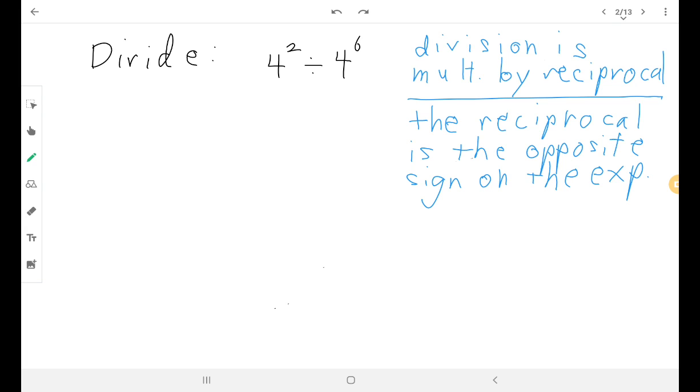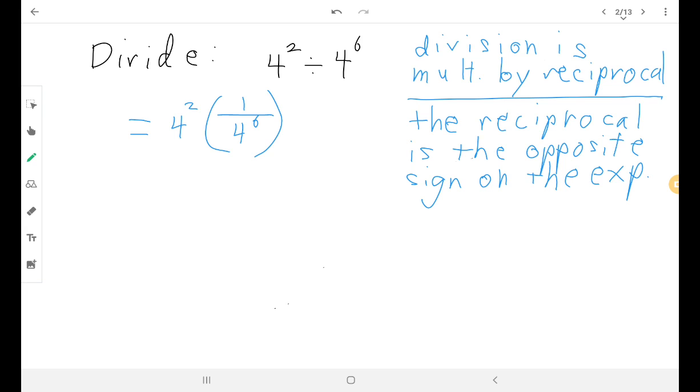There are some things that I can do. I can say that this is the same as 4 to the second times the reciprocal of this one, and I could write the reciprocal in two different ways. I could write it as 1 over 4 to the sixth.